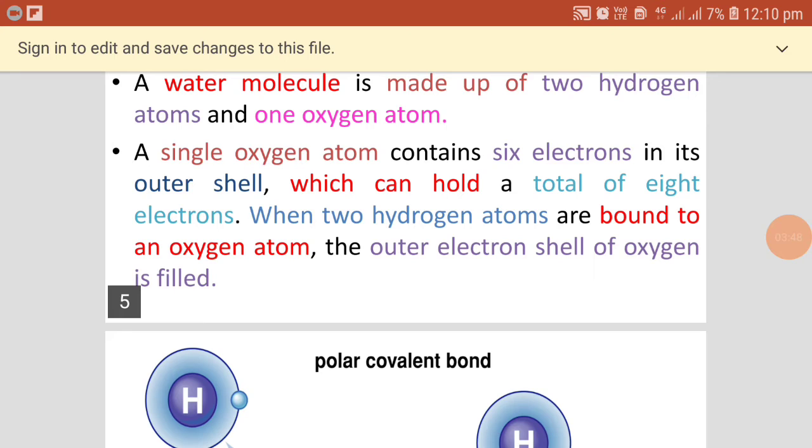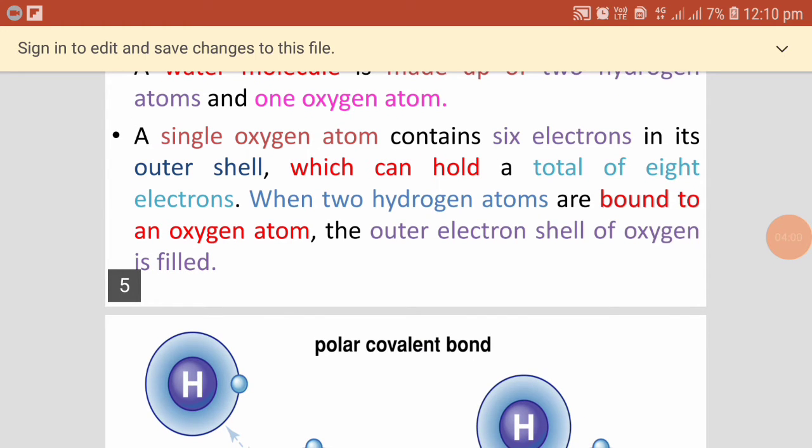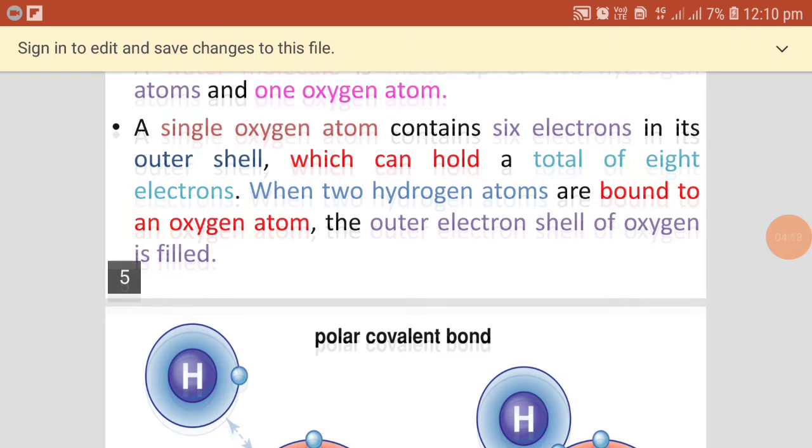But instead of 8, only 6 electrons are there, so it has to form some attractive forces or bond to attain stability. In a hydrogen atom, there is only one electron. So there are two hydrogen atoms, and each one possesses a single electron.